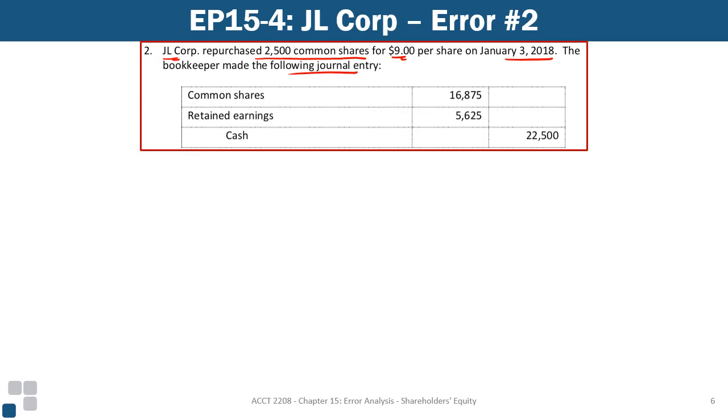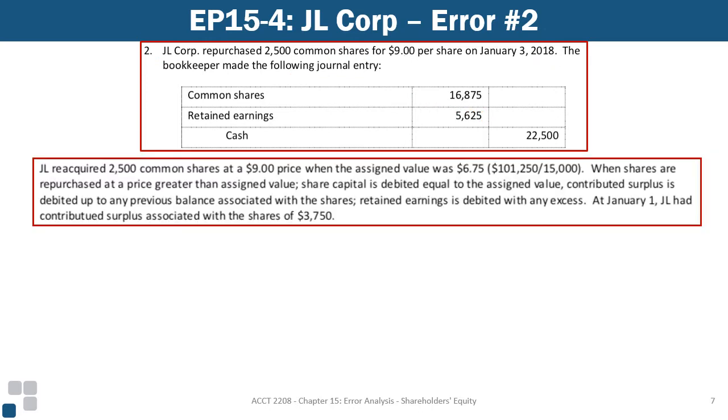So is this entry correct or not? Well, we need to double check here that this adjustment to retained earnings is accurate, because we know that the company repaid to purchase the shares, they paid $9, but what is the actual book value per share?